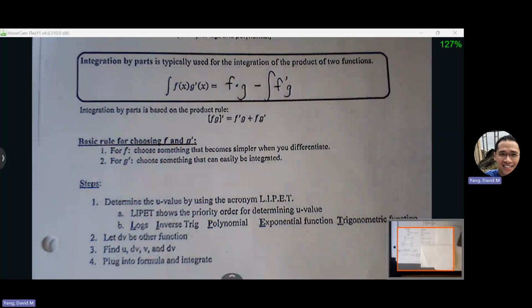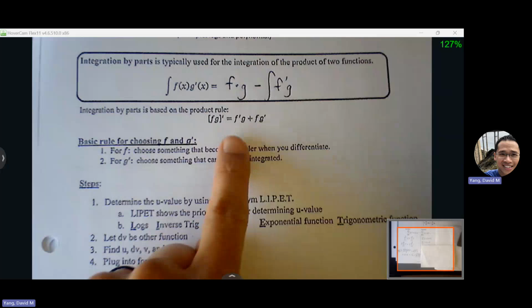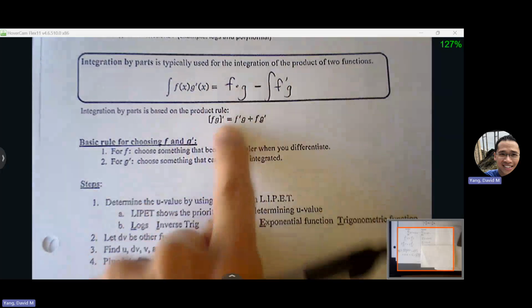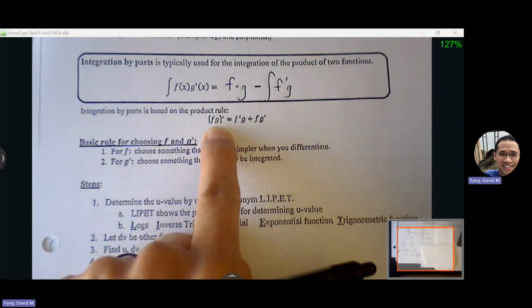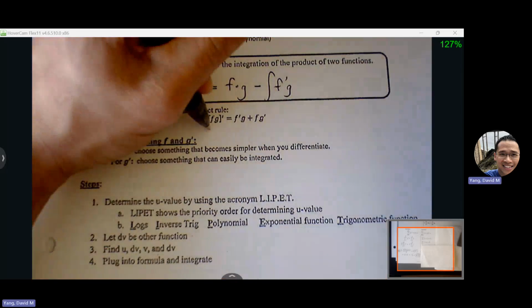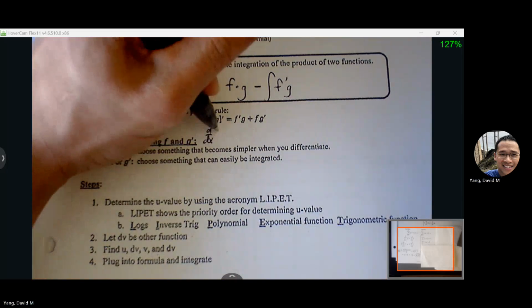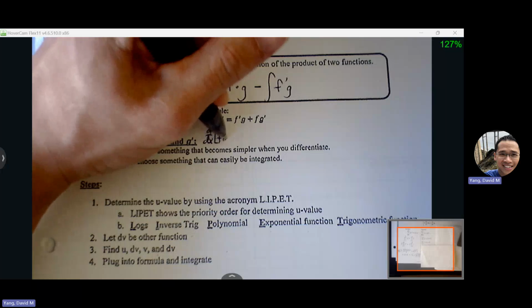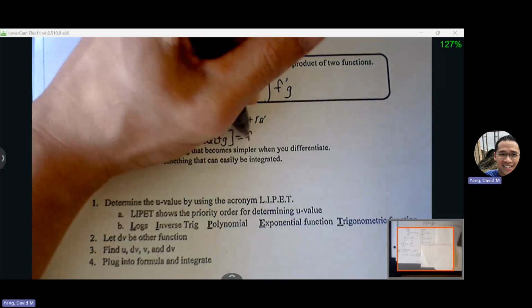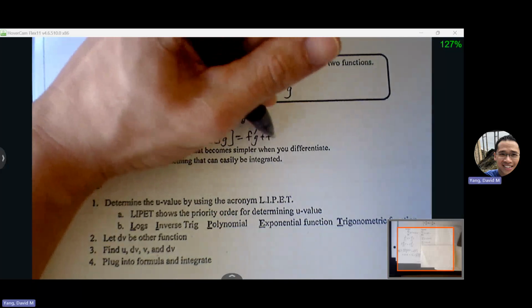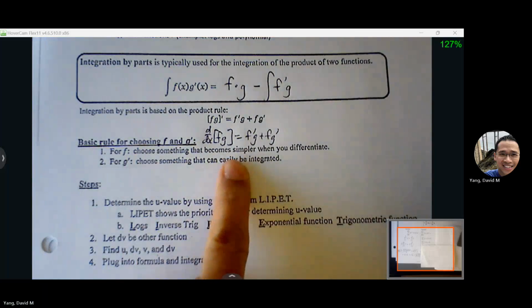Let me just kind of show you how we can get from derivative product rule into this formula. So we know the derivative of f times g is equal to f prime g plus fg prime, right? We know that. So what if we were to rearrange this?